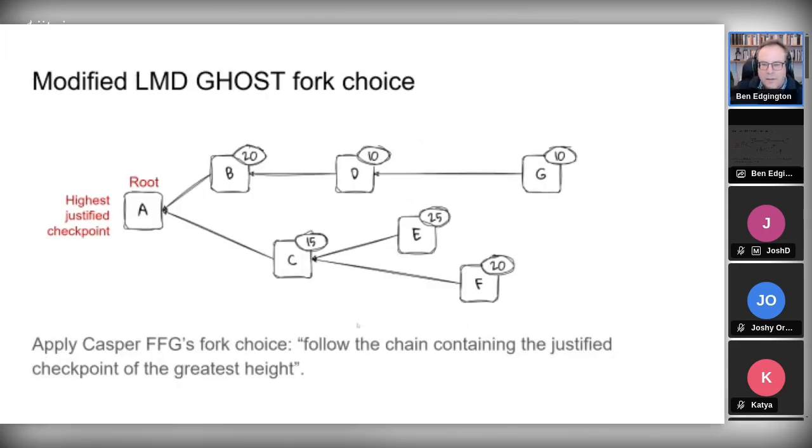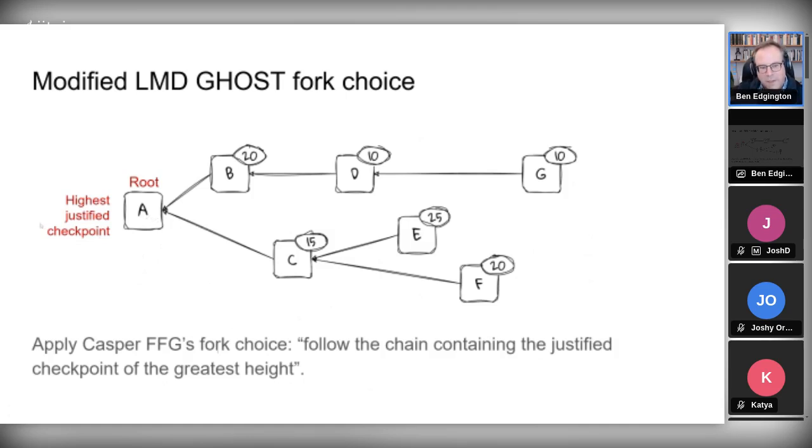And how do we combine them together practically? Well, we apply Gasper FFG's fork choice criterion. We follow the chain containing the justified checkpoint of the greatest height. So the highest justified checkpoint. Pure LMD Ghost starts at the Genesis block. A would be Genesis. But if we apply the Gasper FFG fork choice, then the root of our LMD consideration is the highest justified checkpoint that we know about.